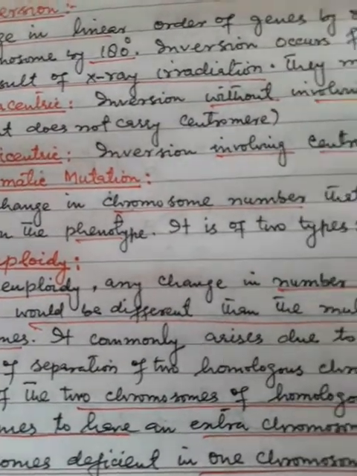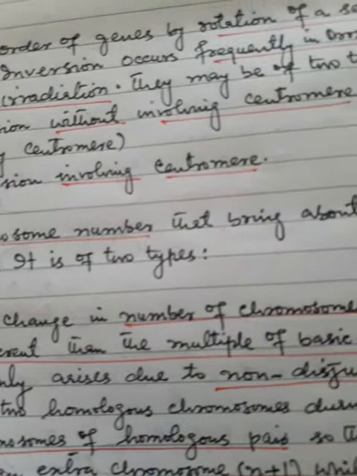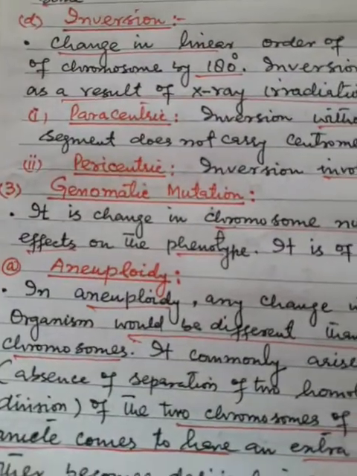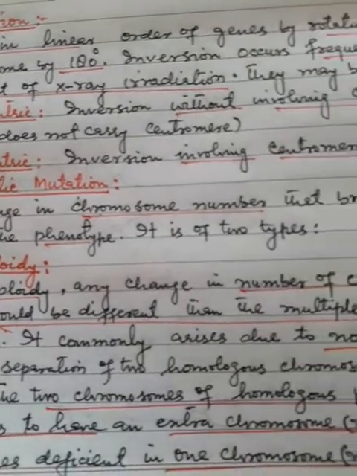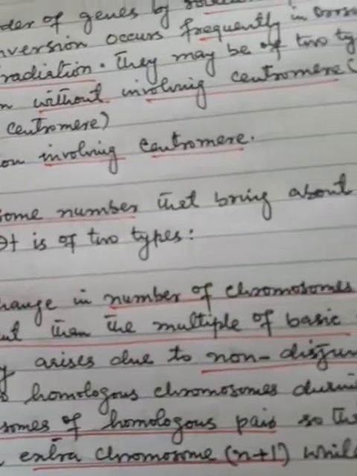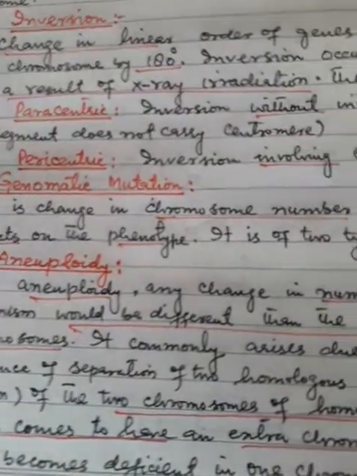In aneuploidy, any change in the number of chromosomes in an organism is different from a multiple of the basic set of chromosomes.